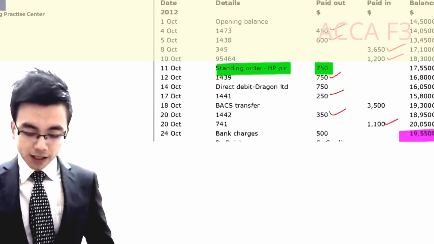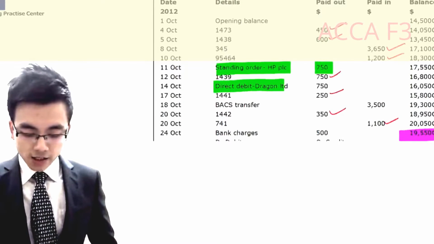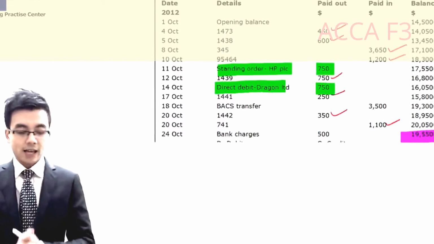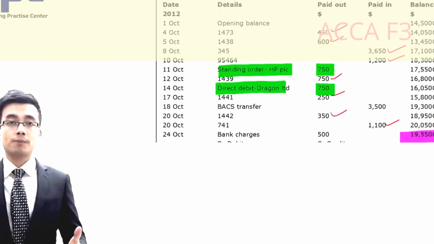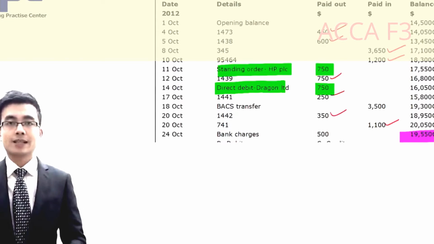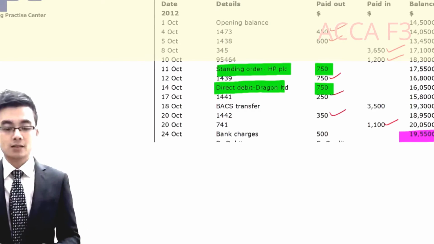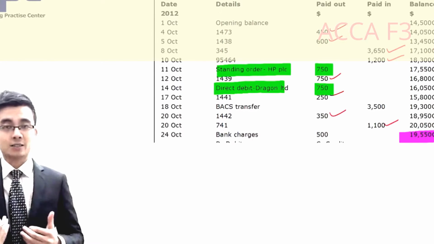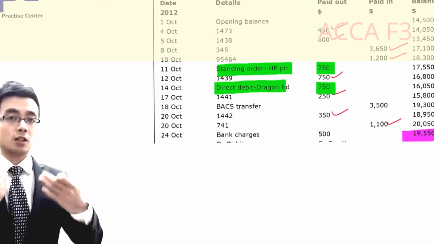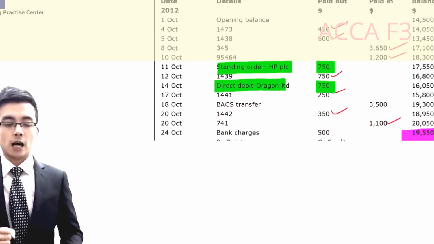The second figure that's not been ticked is the direct debit for Jargon Limited. So direct debit means, for example, we're going to deduct a fixed amount of money in each and every year from our account. Maybe we are using some of the service, so of course you can deduct the amount from our company.